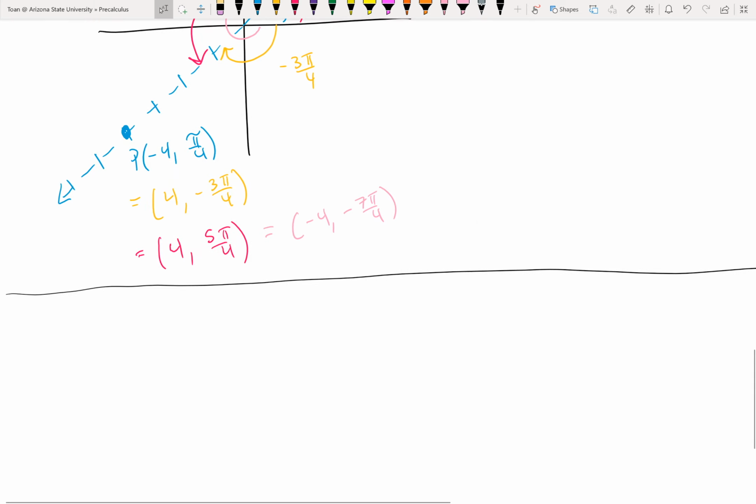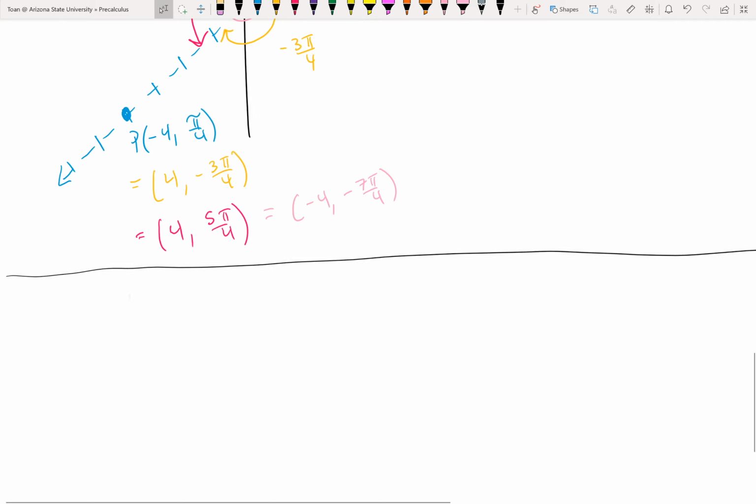Now, polar coordinates seem like an unnecessary thing. Gee, Mr. Vo, why am I learning a more complicated way of doing something that I've already learned, which is rectangular coordinates? Well, when it comes to plotting points, life, the planet Earth, it isn't as easy as going up and down, left and right.